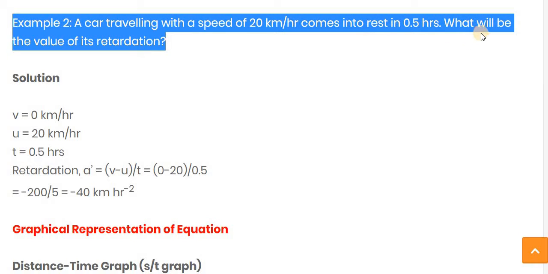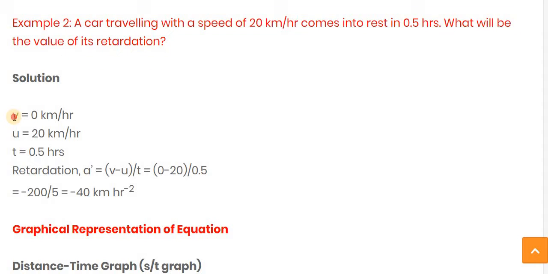So the question is, what will be the value of its retardation? So we have to find the retardation, or acceleration. As we saw previously, in retardation motion we get the answer in a negative way. So let's start this solution.